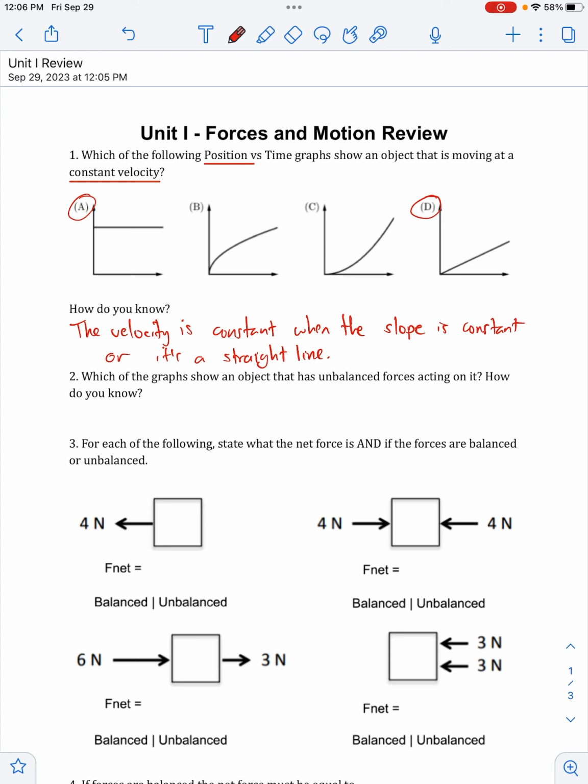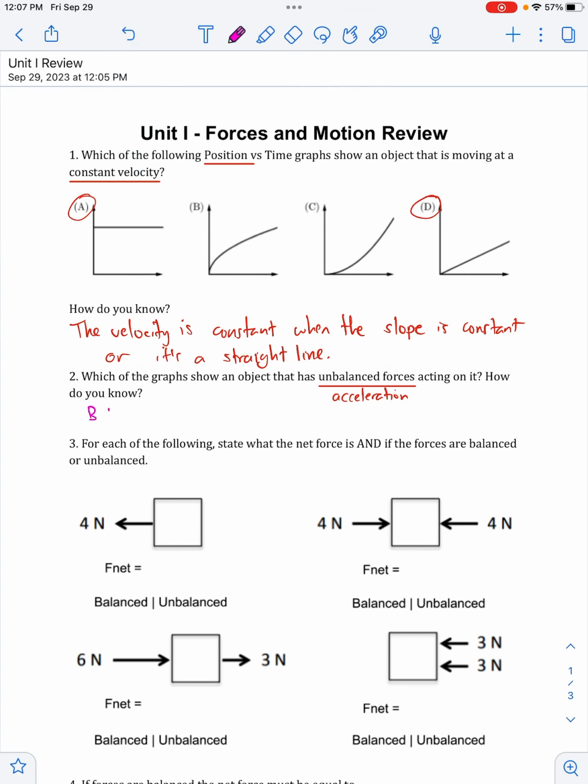For number 2, which of the graphs shows an object that has unbalanced forces acting on it? Unbalanced forces means that there's a net force, or there's a force that is not being canceled out, and so an unbalanced force causes acceleration. So which ones show acceleration?